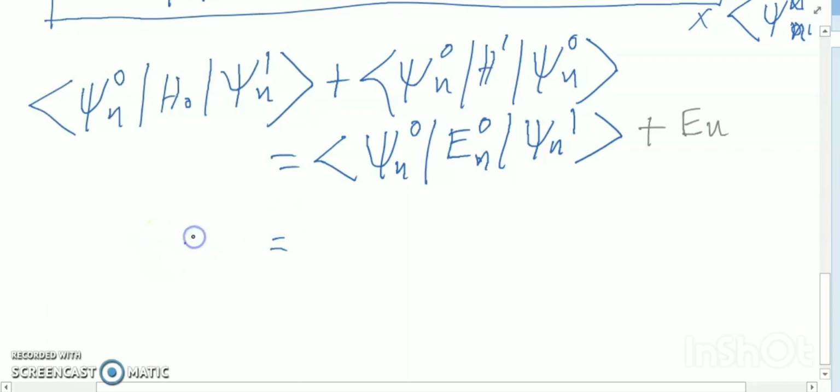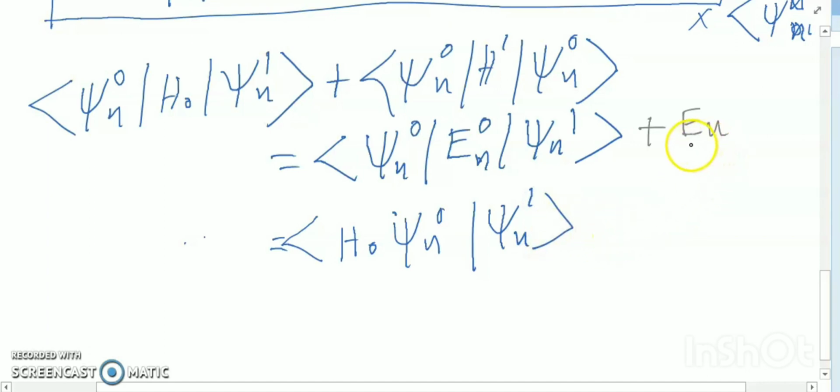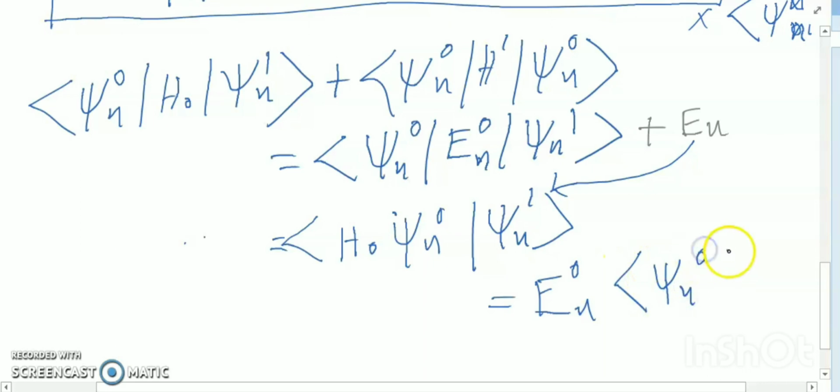So now H0 psi n0 with psi n1 gives E n0 psi n0 psi n1.